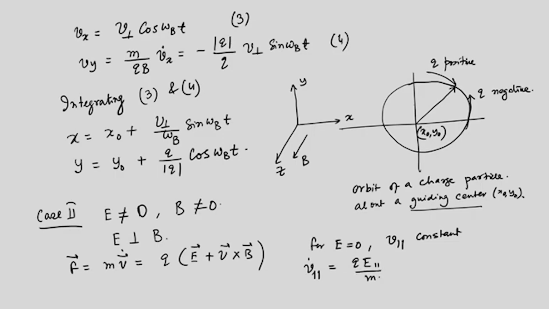So there is no fixed guiding center that you are seeing here. Earlier the guiding center remained fixed, and the charged particle, in the clockwise or anti-clockwise direction depending on its sign, would just move around this circle. But now this guiding center keeps getting drifted because of the electric field. Let us see that.